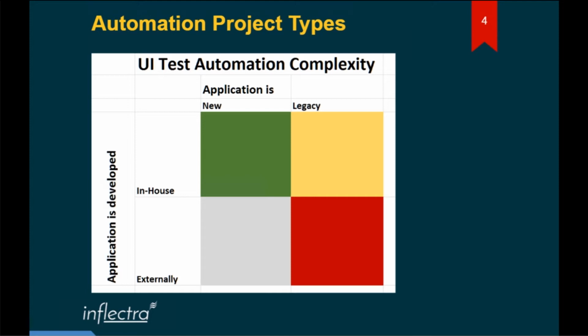The red square on this diagram is when you test an application that is completely developed by some other company, and you just configure and implement this application inside your environment, and you just need to check that everything works as you expect.